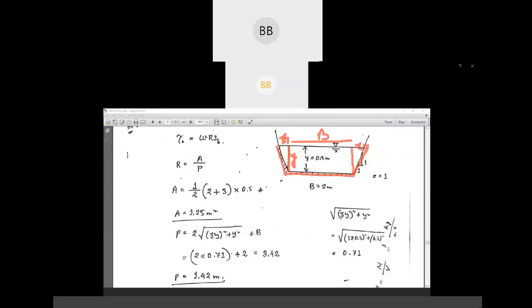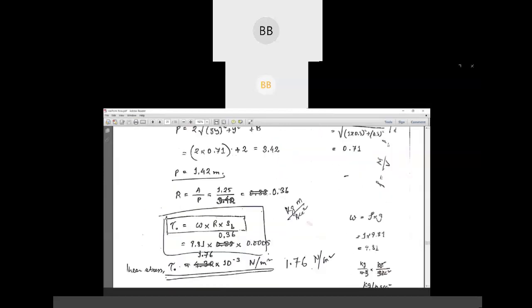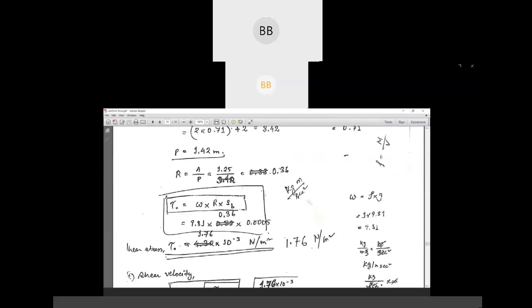Those things you have already calculated. So you find out area and perimeter, find out the R value, and substitute the R value here and determine shear stress. You'll be getting around 1.76 Newton per meter square.